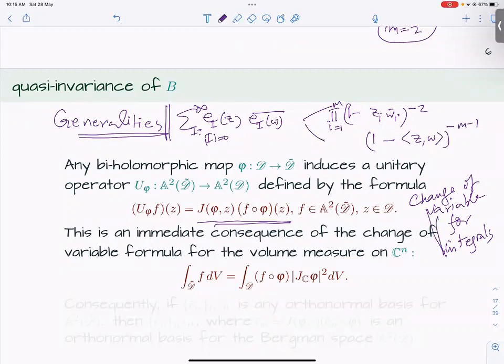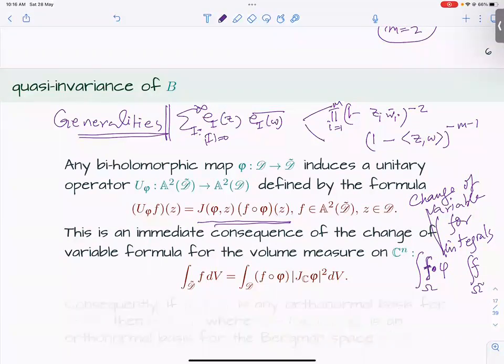Now, as many of you know, the way to do it is to say that if you look at f composite phi and you want to integrate, just as in one variable theory of integration, you want to integrate this over omega, but you want to relate it to the integral over omega tilde.